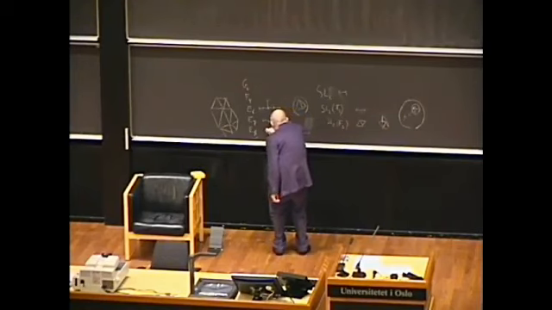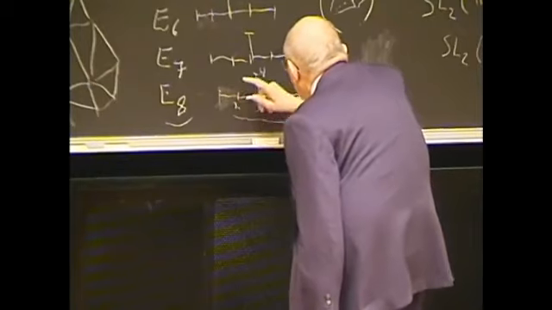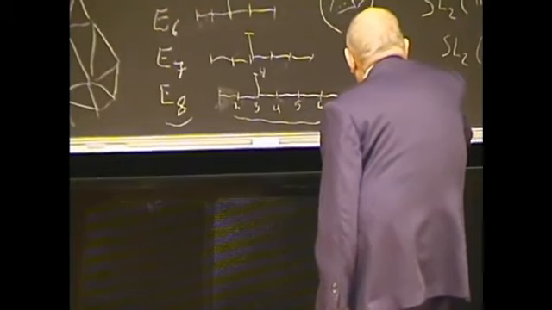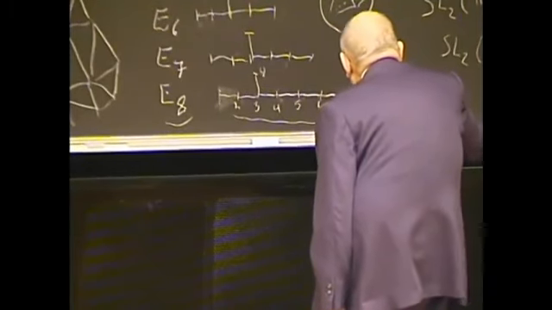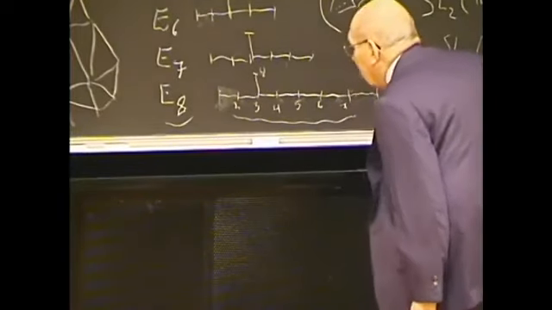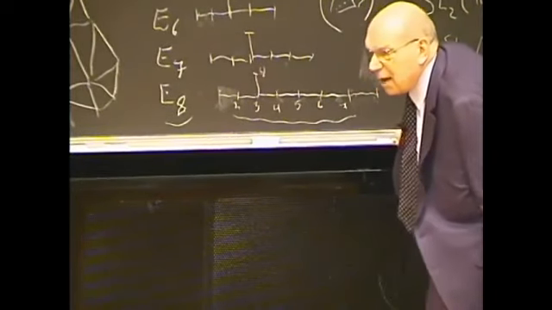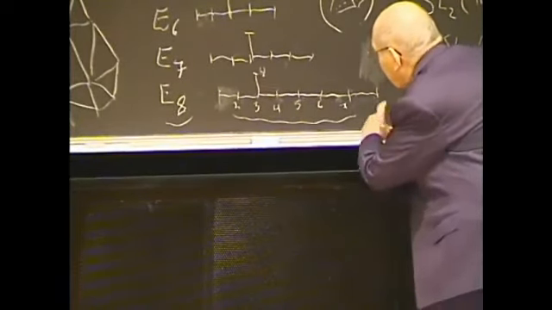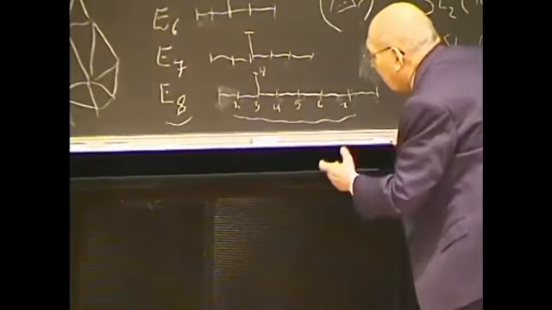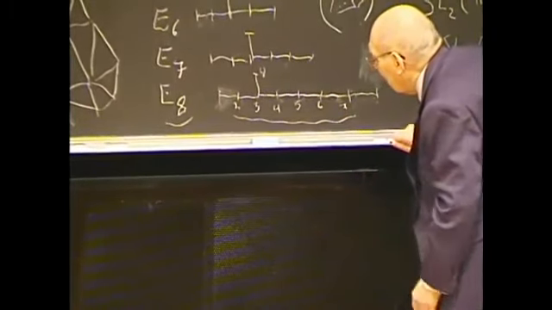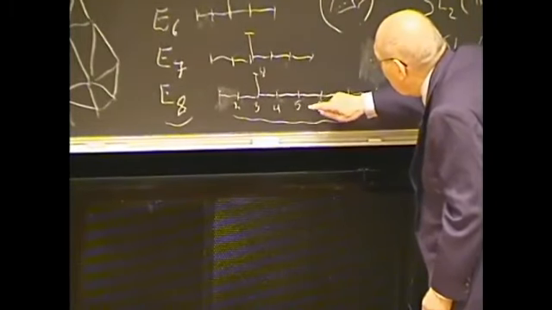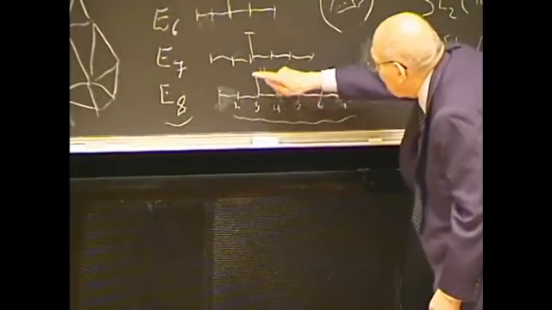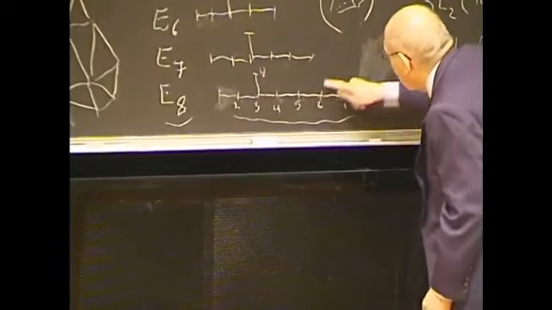So I start with the E8 diagram, but I add one vertex here. Then I get again a diagram, and I can play the same game. I consider buildings which have this diagram, and they are again defined inductively by the neighborhood of a vertex of type, say, 5, is a building which is a product of this and this.